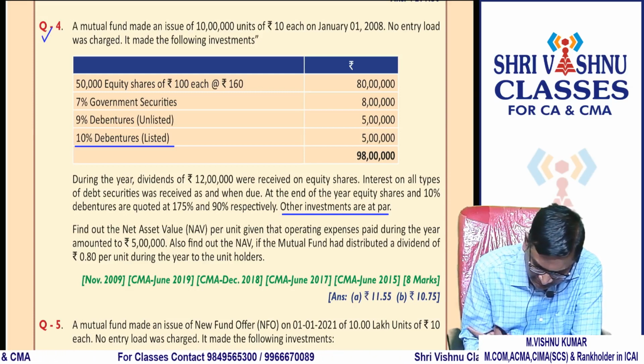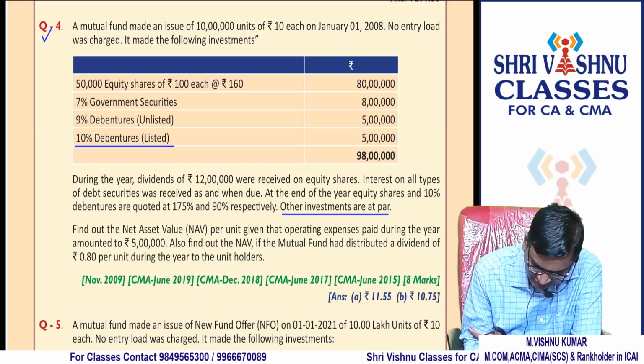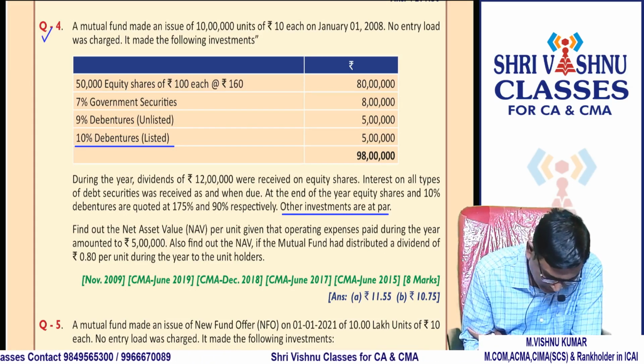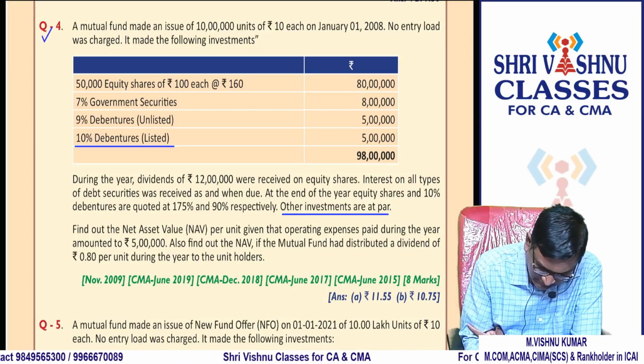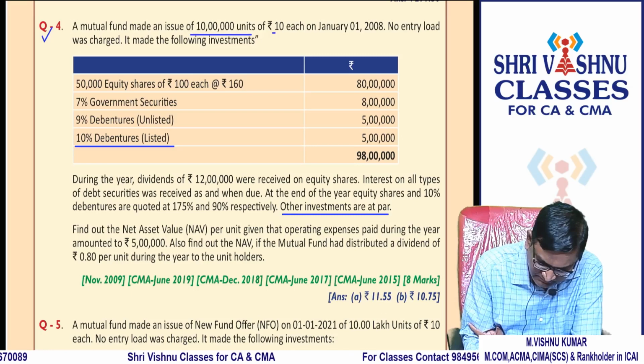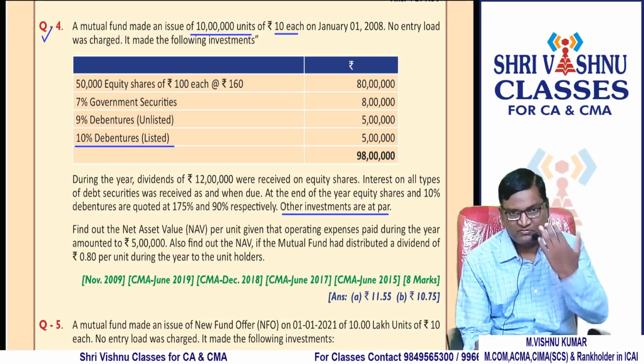In this question, cash in hand will also be calculated. How to calculate cash in hand? First, the mutual fund company has issued 10 lakh units at the rate of 10, so it means they receive 1 crore rupees.